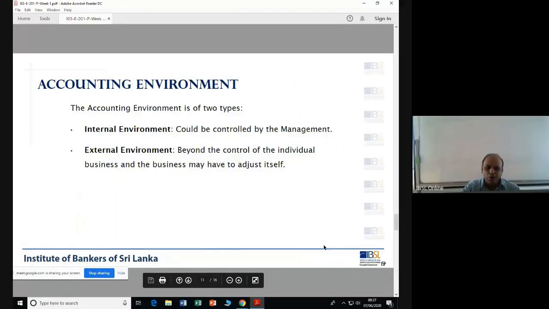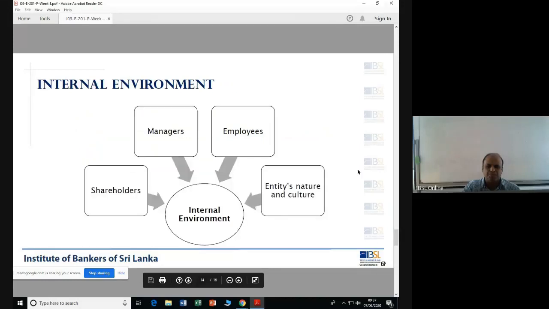Which means all other categories are the external environment, beyond the control of the individual business, and the business may have to adjust itself. So the external environment is anything beyond the management of the business. Everything else is going to be external to the business.